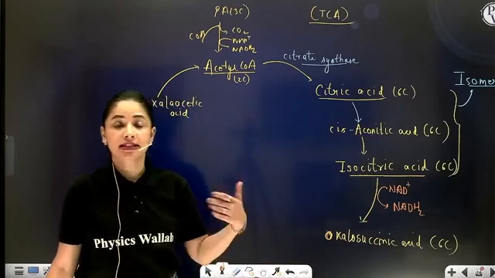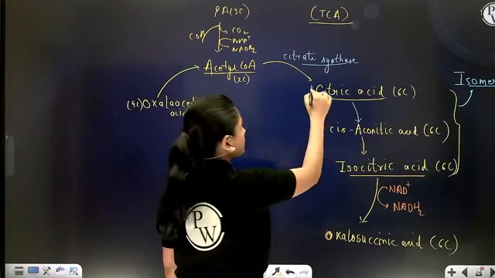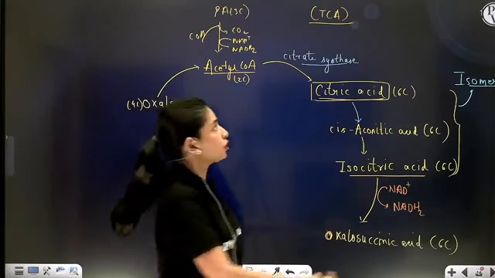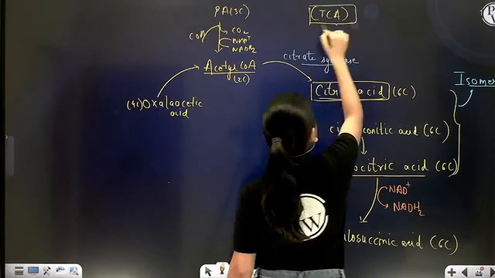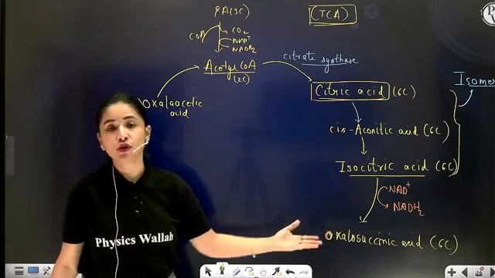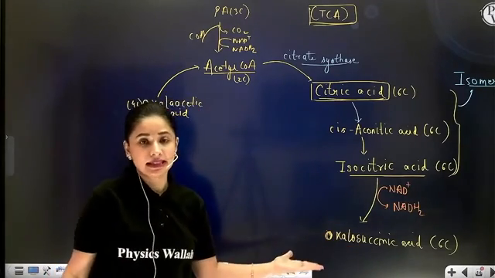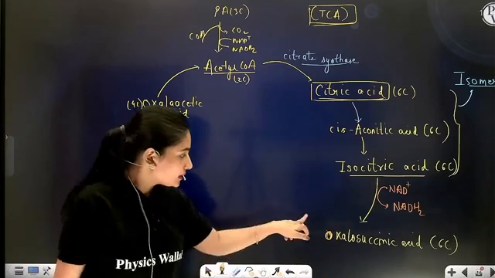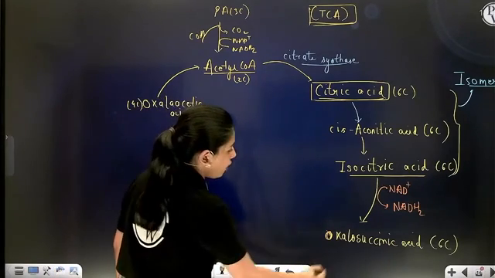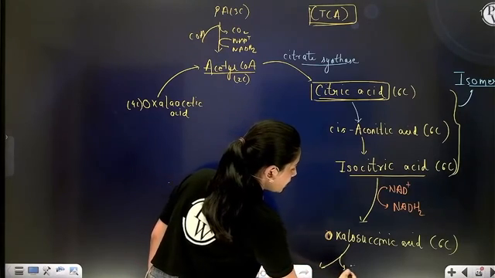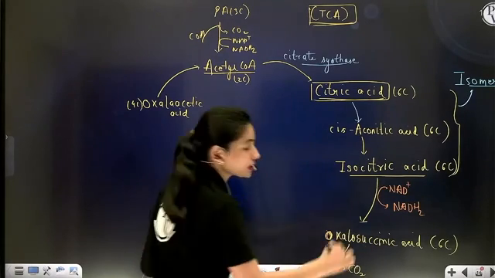It is known as the citric acid cycle because the first stable product is citric acid. This cycle is also known as the TCA cycle because the first 4 intermediates are tricarboxylic acids. Clear?